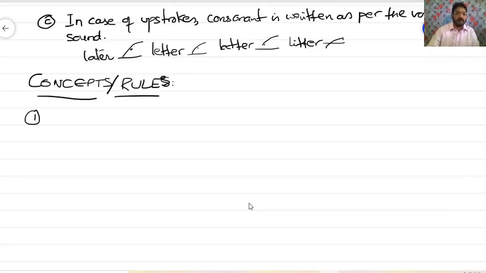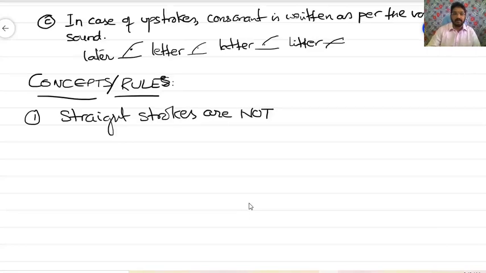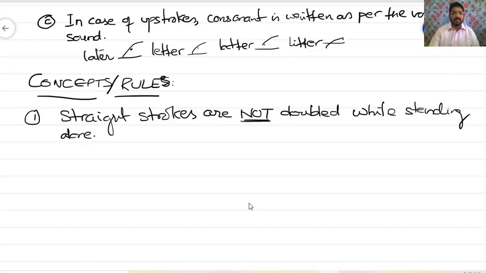Now concepts, rather rules. One, straight strokes. What are straight strokes? P B, T D, CH J, K G. Straight strokes are not doubled while standing alone. Means there is no attachment, nothing. Straight stroke cannot be doubled. Peter, it cannot be doubled.